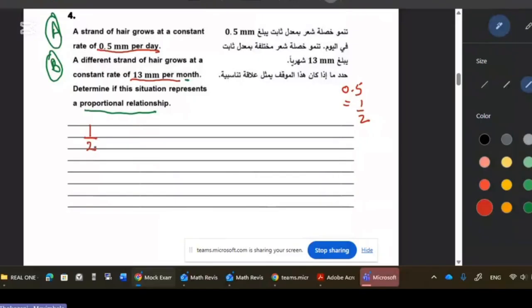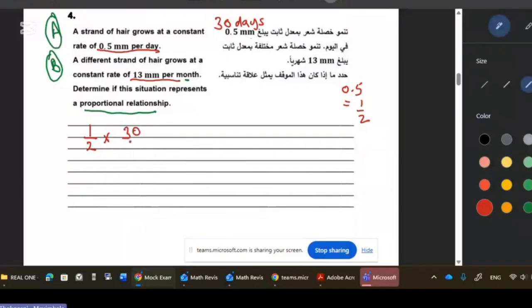All right? And I'm going to multiply it. Now, how many days do we have in a month? If all of you were here, you are going to tell me that we have 30 days in a month. All right? We have 30 days. So that's why I'm going to multiply this by 30, right?